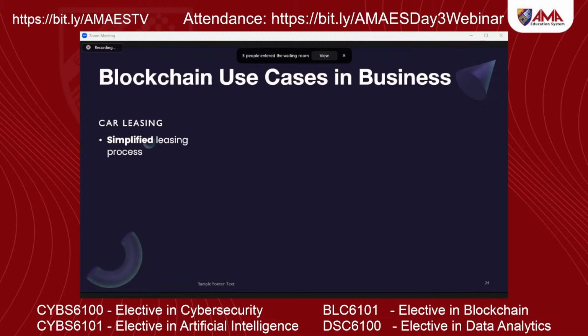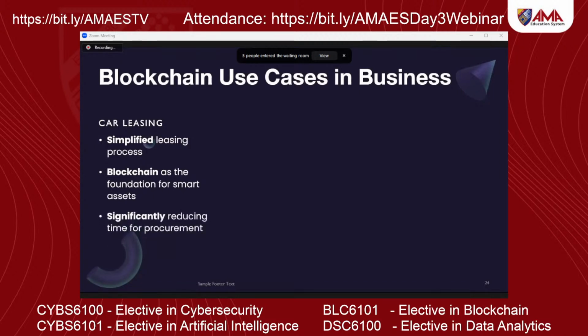Okay? Yung sasakyan ng Lamborghini. Blockchain is the foundation for smart assets. It's significantly reducing time for procurement. Kumbaga through smart contracts, wala na masyadong papers na pipirmahan in the future ng blockchain technology natin.